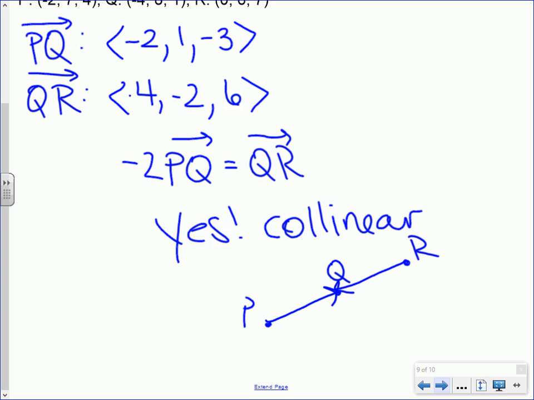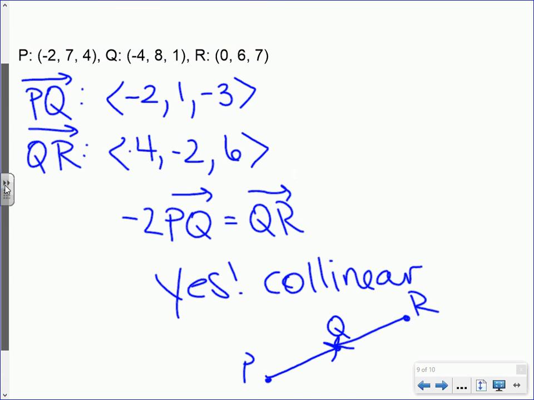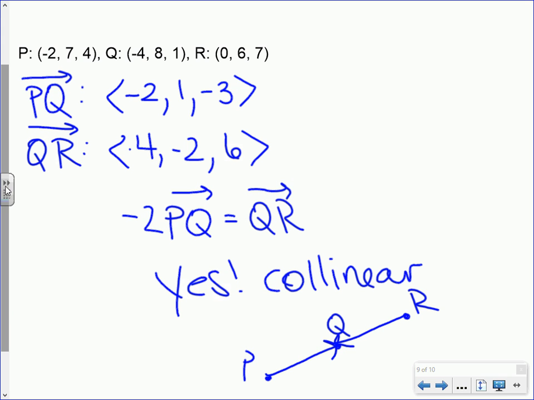Do we just multiply one of them? Well, you just need to recognize that these are scalar multiples of each other. If I multiply this by -2, it's the same as this. If you can multiply one vector by a number to get the other vector, you're good to go. But if we have something like 1, 1, 1 and 2, 2, 3, those are not scalar multiples of each other, and so we wouldn't be going in the same direction.